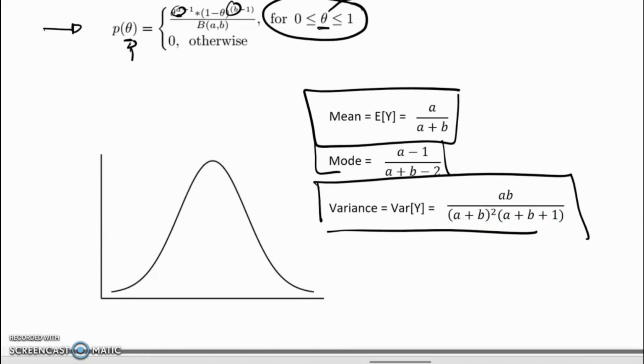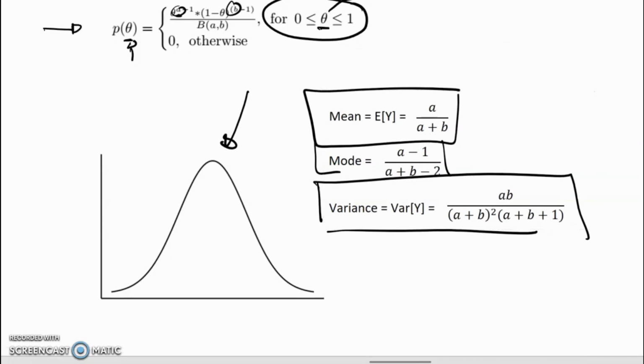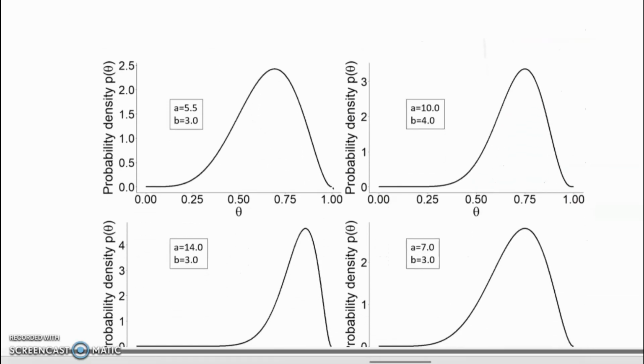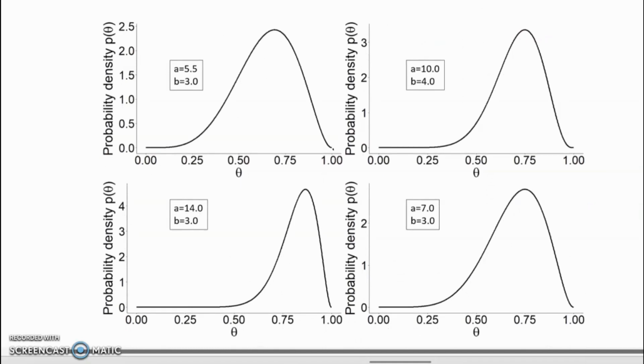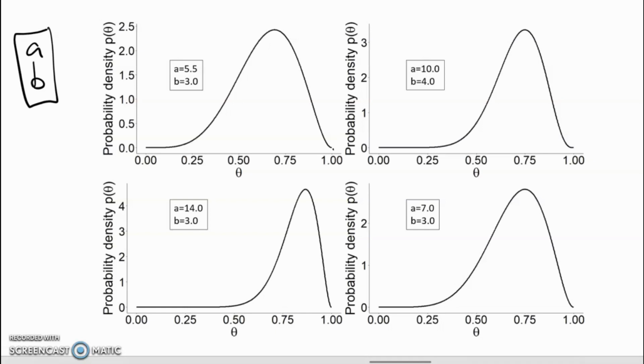In terms of shape, the shape of a normal is always bell-shaped. It's symmetrical with the mean, the mode, and the median all being equal. In contrast, the beta distribution can be quite flexible depending on what we choose as our A and B parameters. It's flexible, but not infinitely so.